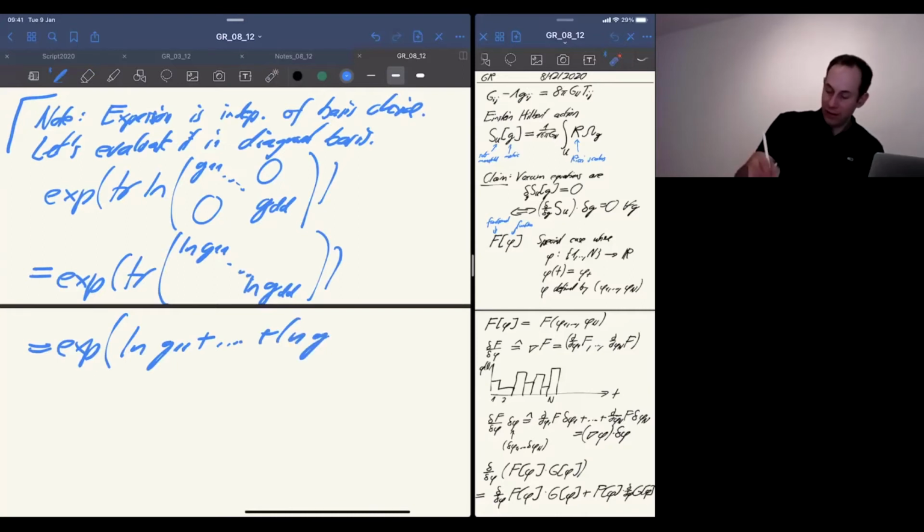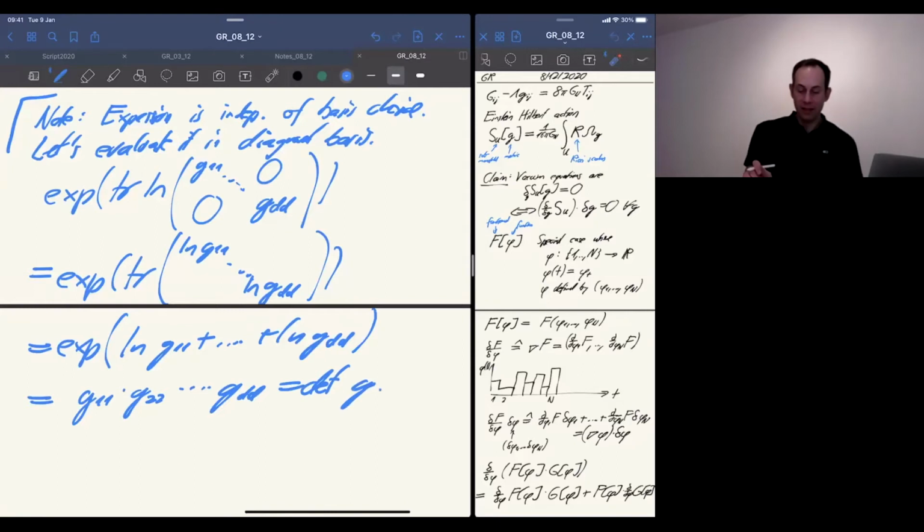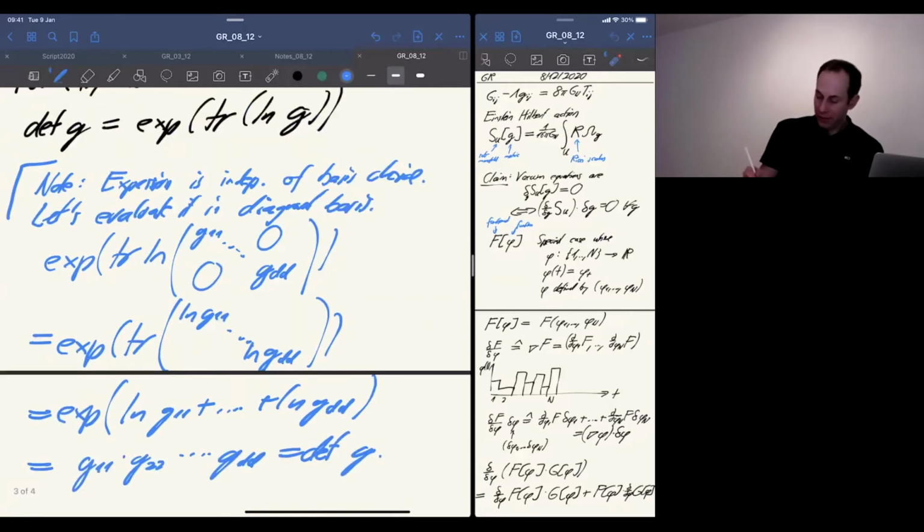And now you see that these are just normal exponentiation rules: if I take the exponent of a sum, this just gives a product, but the exponent of the logarithms gives again the G entries, so I just get G11 times G22 and so on until Gdd, which is of course the determinant of G. And the determinant is itself, again, basis independent, and therefore we have established the claim. Okay.